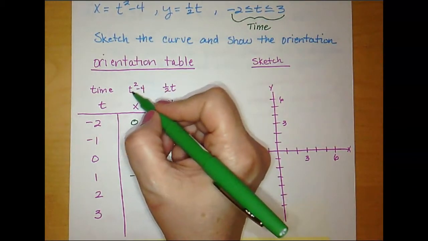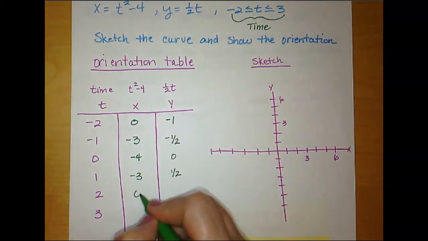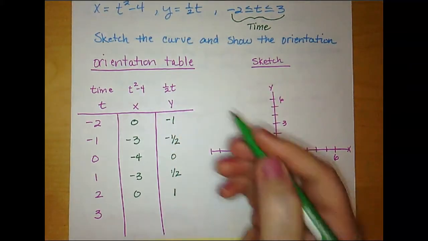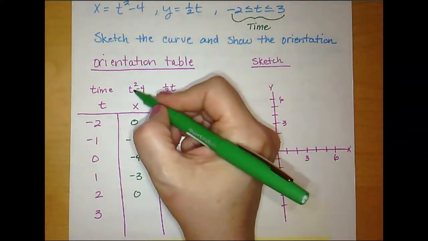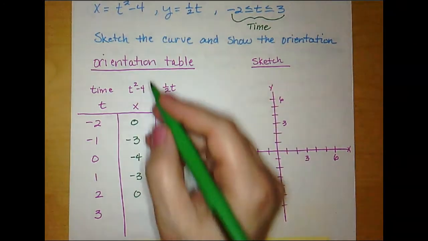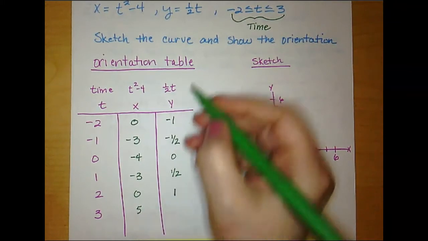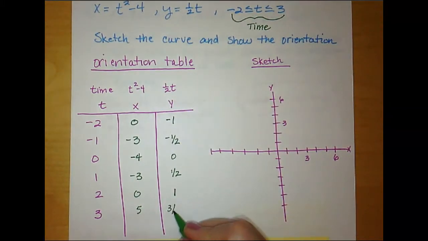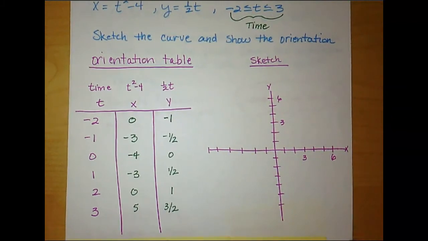And when time is 2, 2 squared is 4, 4 minus 4 is 0, and then 1/2 times 2 is 1. And then our last time of 3: 3 squared is 9, 9 minus 4 is 5, and 1/2 times 3 is 3/2. Remember, we'll just keep everything in fraction form.